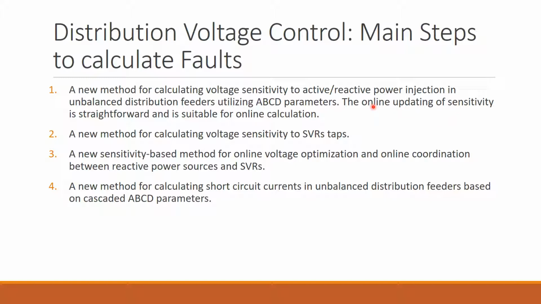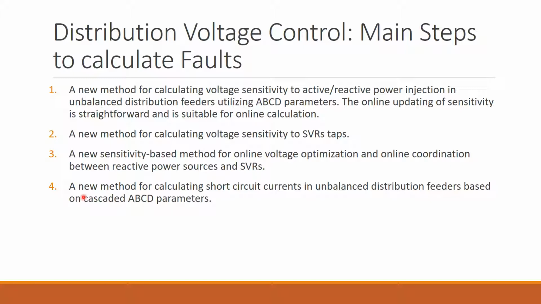The online updating of sensitivity is straightforward and is suitable for online calculation. A new method for calculating voltage sensitivity to the step voltage regulator taps. It's also going to involve a new sensitivity-based method for online voltage optimization and online coordination between reactive power sources and step voltage regulators.